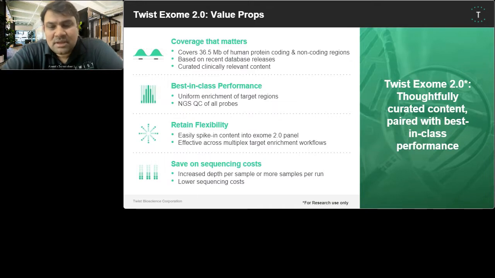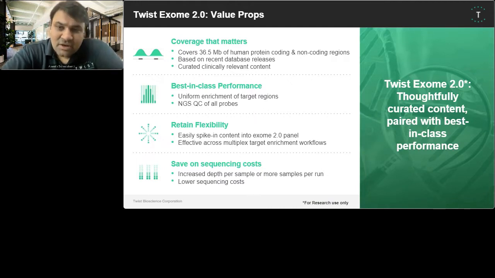It has really very well curated content paired with the best-in-class performance. Overall, it covers 36.5 MB of human protein coding and non-coding genes, and it is based on the latest databases. And it was designed against HG38. And the content has been geared towards being more clinically relevant.